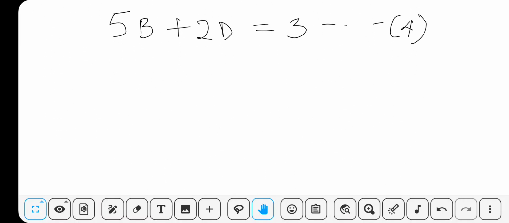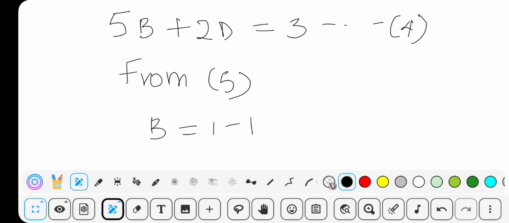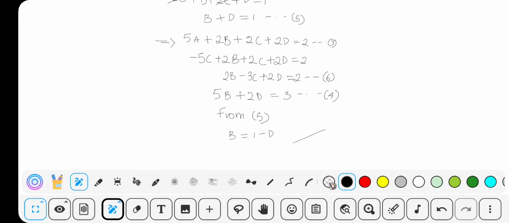So in order to continue solving this, consider equation 5. From equation 5, b plus d is equal to 1.